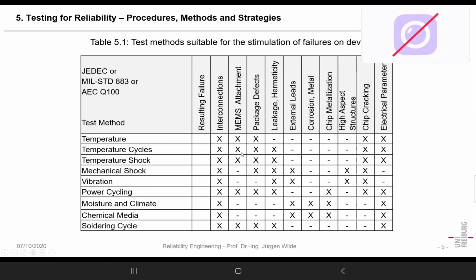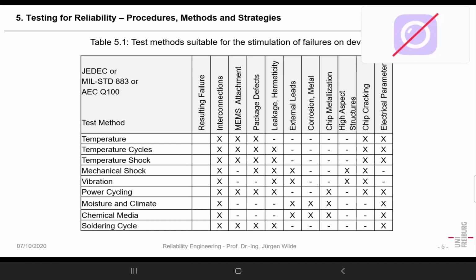Okay, and the testing must fulfill two aspects. One is that the environmental and operational conditions must be represented by the testing. That is important.